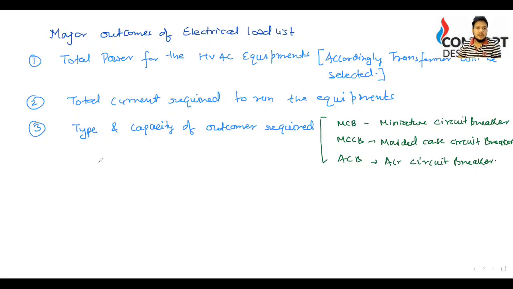So these are the major types of outcomers that we use.